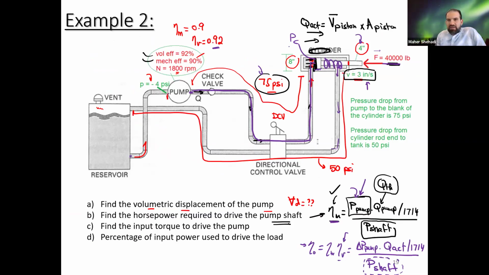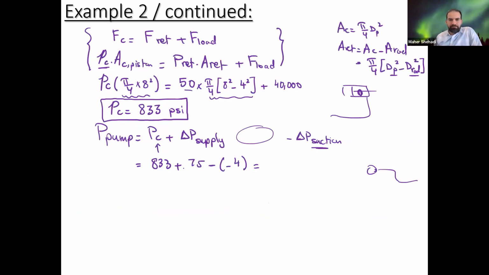But to overcome this, we already calculated that in my P cap. So 79 and 833. I didn't calculate that. I directly put it in my equation. 912 psi. Okay.